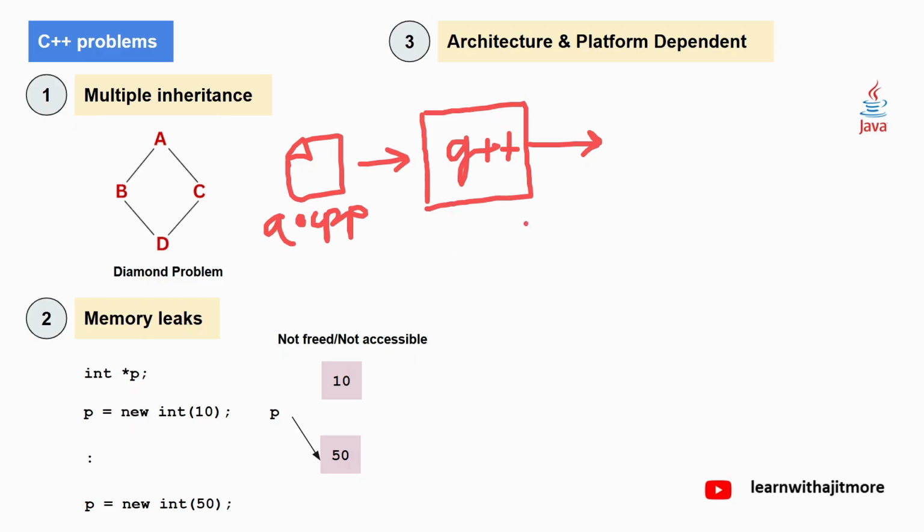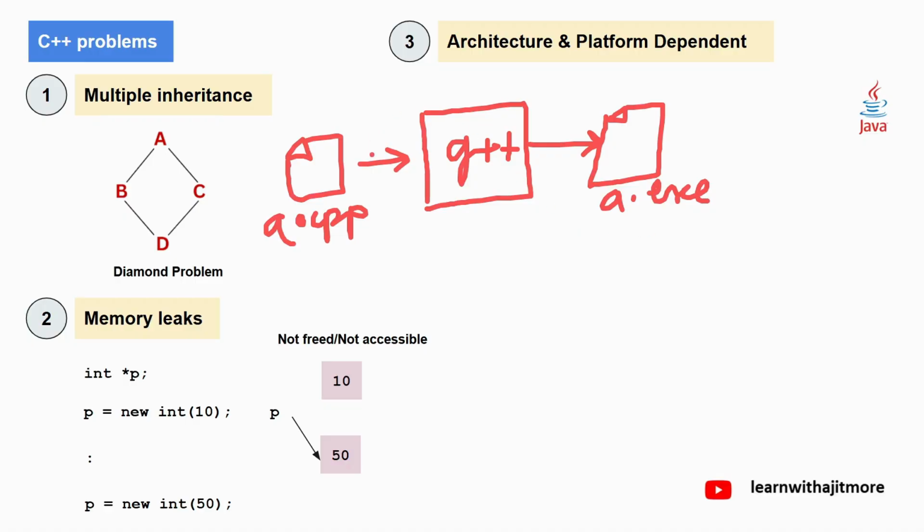Actually, internally a lot of things are happening, but I'm skipping some part. So it will translate this code into executable code, that is a.exe. Generally on Windows, it is exe. On Linux, it will give a.out. On Mac, there are some other extensions.